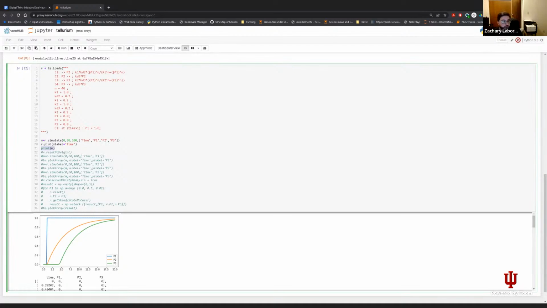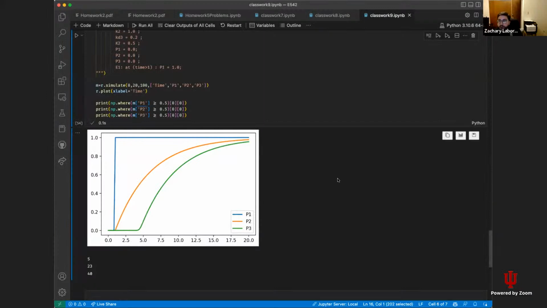Yeah, I can share my screen. Great. Here we go. All right, so this is just what I did. Not sure if it was very easy once I learned that thing. Basically all it does is look at P1 and see if it's greater than or equal to 0.5.